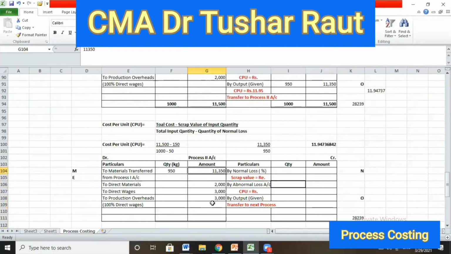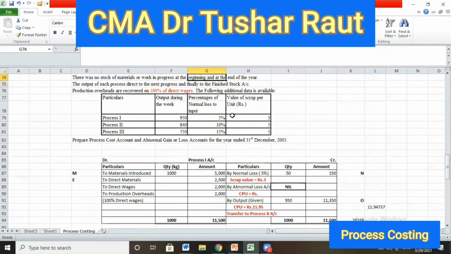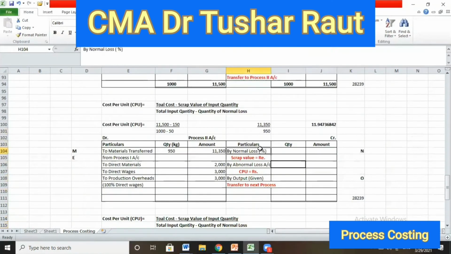Then what about the percentage of normal loss? For process 2, it is given 10% at 5 rupees scrap value. So we will follow this. Normal loss is 10%, and the scrap value is rupees 5.